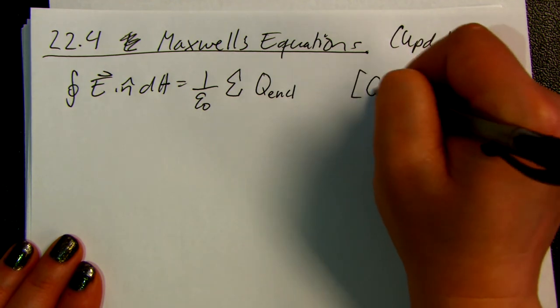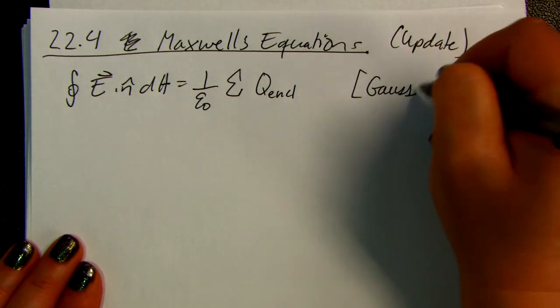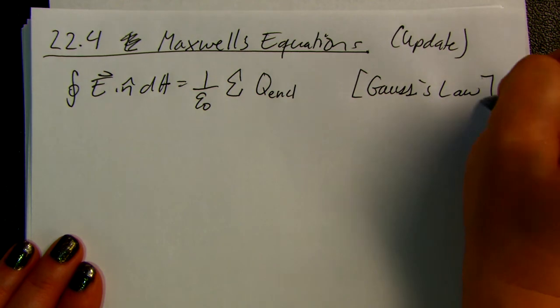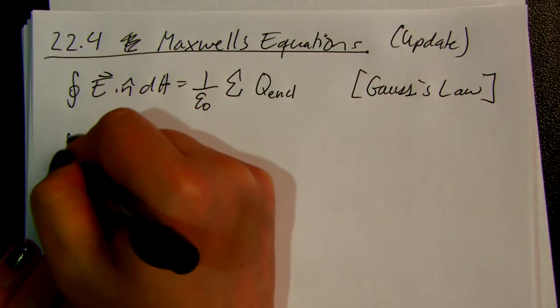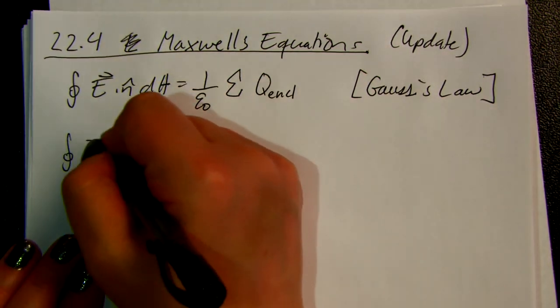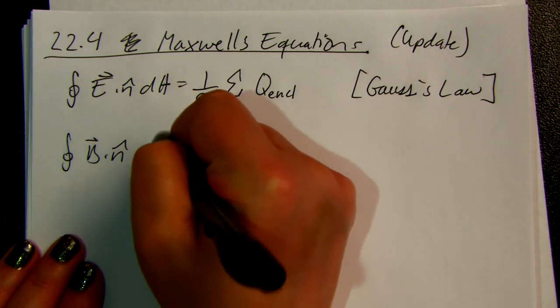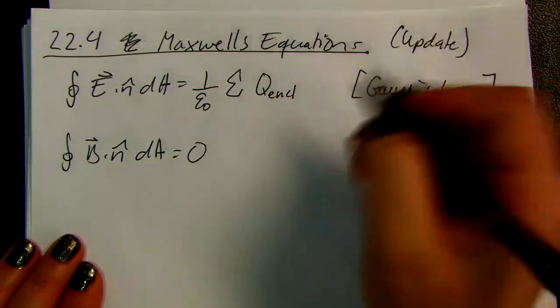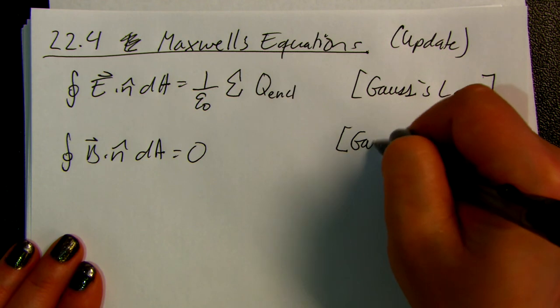So this is Gauss's law. We have the integral of B dot n hat dA equal to 0, Gauss's law for magnets.